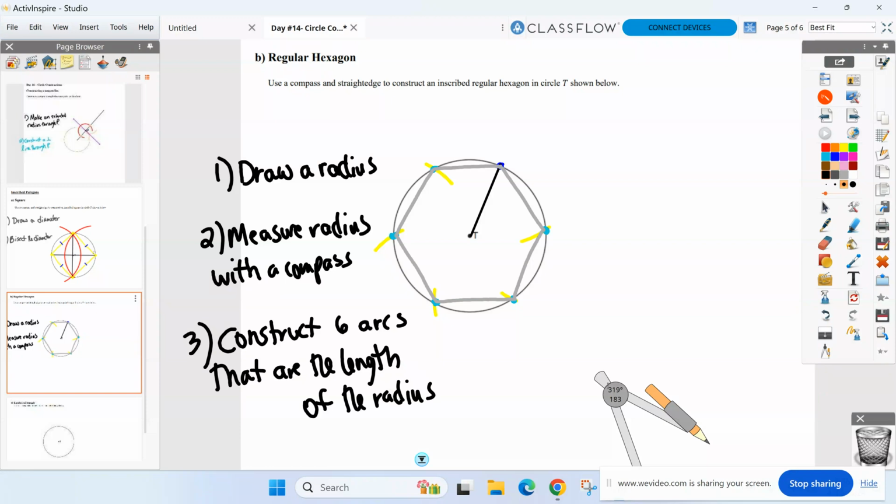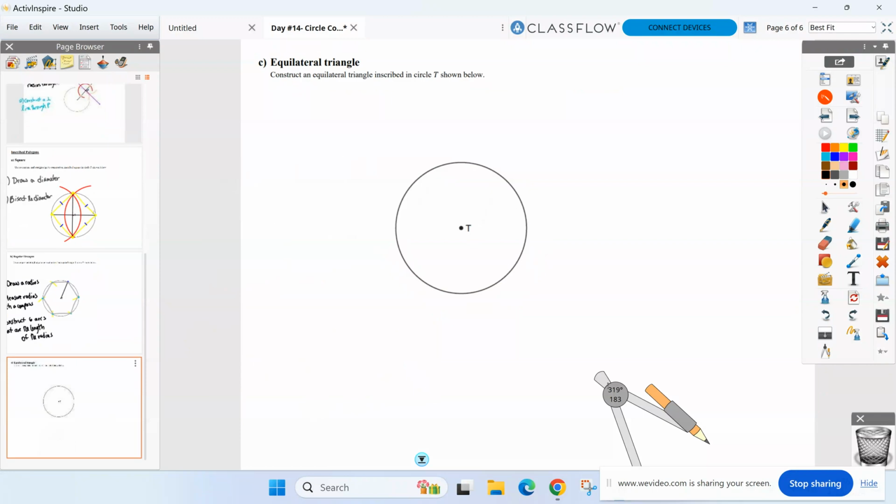Nice. You guys can do a square, you can do a hexagon, and to finish today off, I'll let you guys that are still working finish off that hexagon.